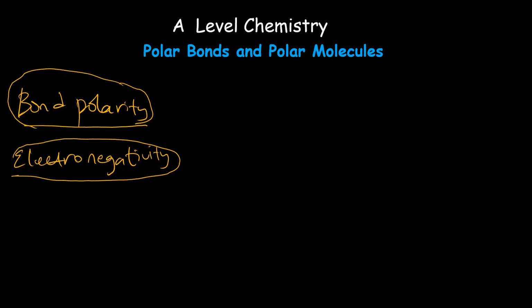Electronegativity is basically the power of an atom to attract the electron pair in a covalent bond towards itself. Different atoms have different electronegativity values, and this power is different for every atom depending on the size and nuclear charge.